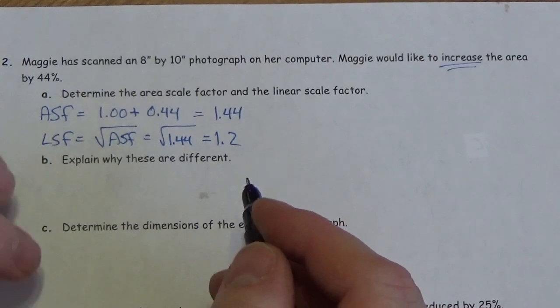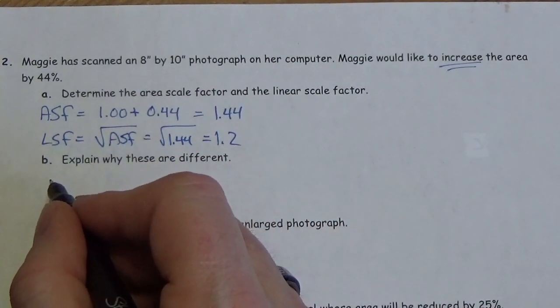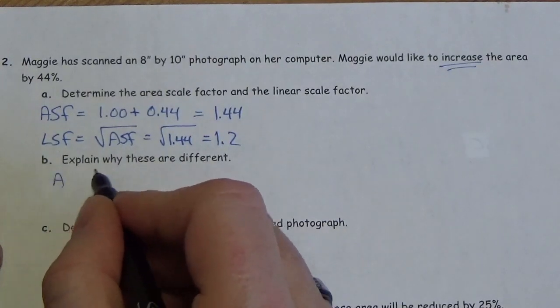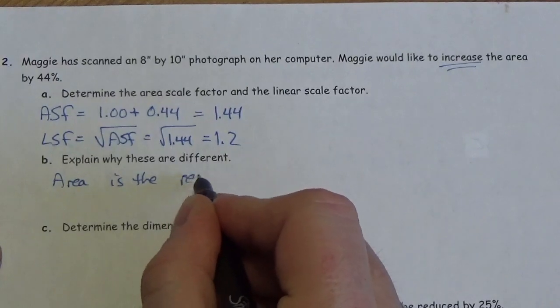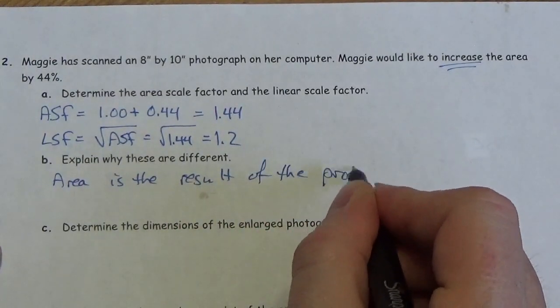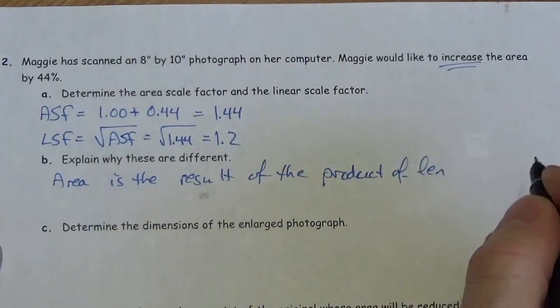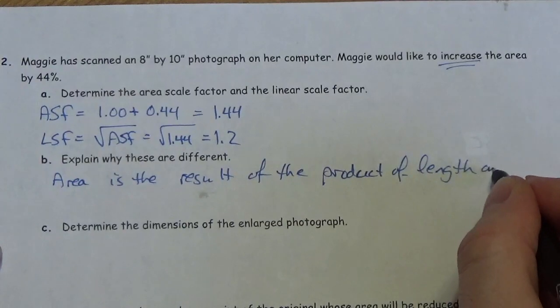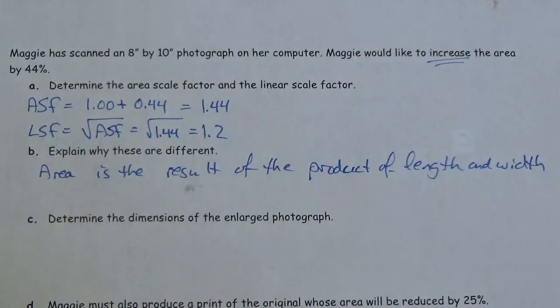Okay, so what happens here is, area is the result of the product of length and width.